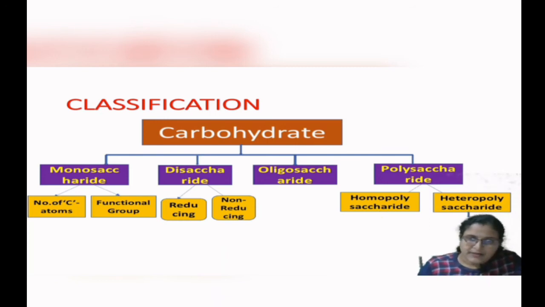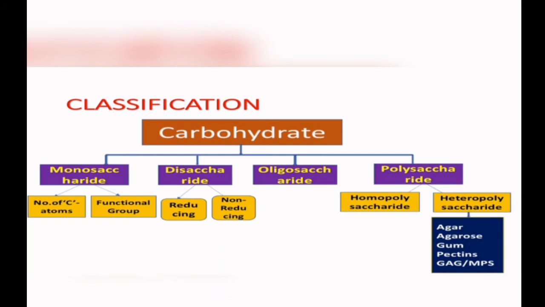They contain more than one type of units. Examples are agar, agarose, then gum, pectins. GAG means glycosaminoglycans or MPS, that is also called mucopolysaccharide.